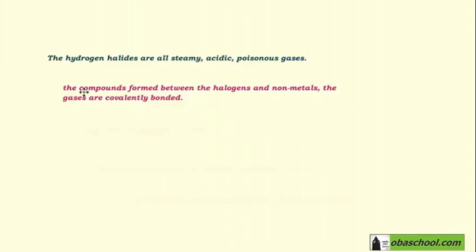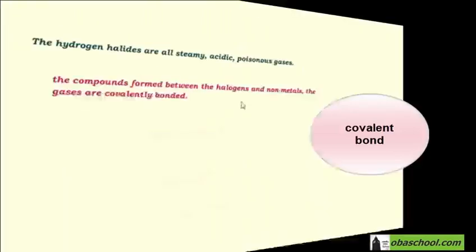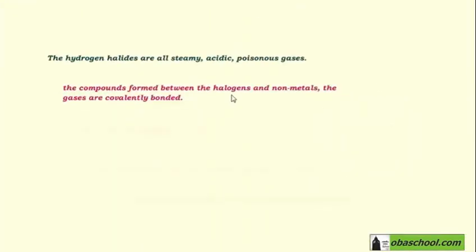The compounds formed between the halogens and nonmetals, the gases, are covalently bonded. Like in this equation that produces hydrogen bromide, what's the type of this bond? This bond is a covalent bond between the compounds formed between halogens and nonmetals.